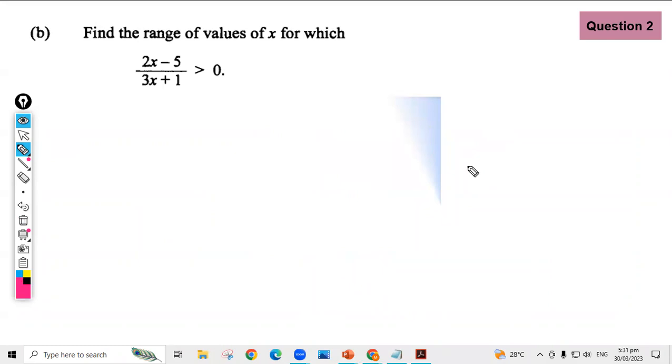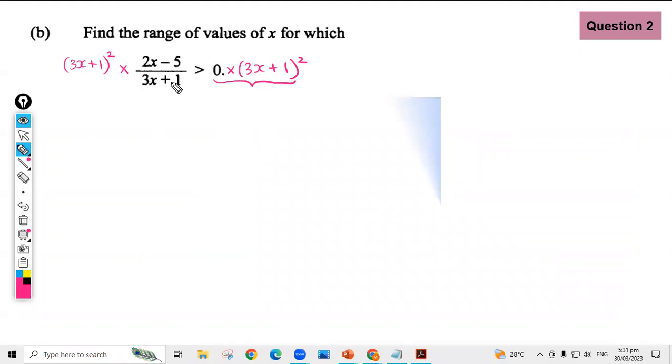Right. So based on what I said, we should multiply both sides by (3x + 1) squared. Multiply both sides by that, (3x + 1) squared. Now, luckily for this side, anything multiplied by 0 is 0.